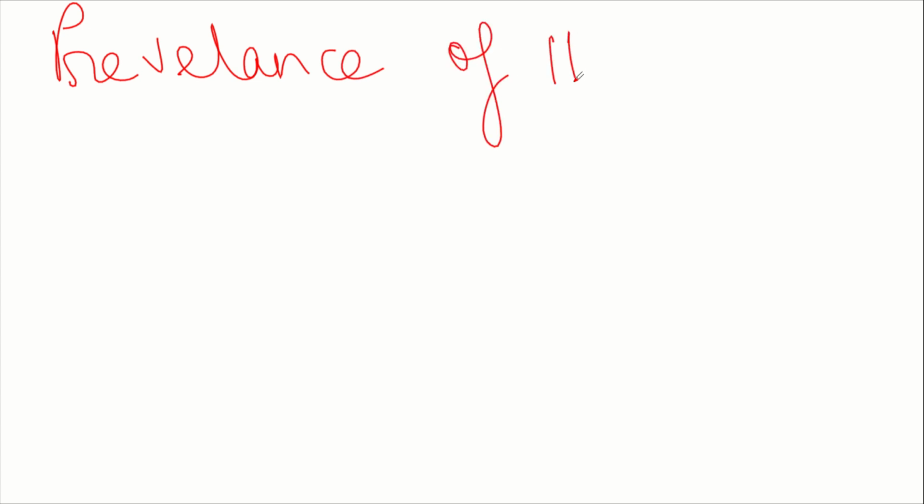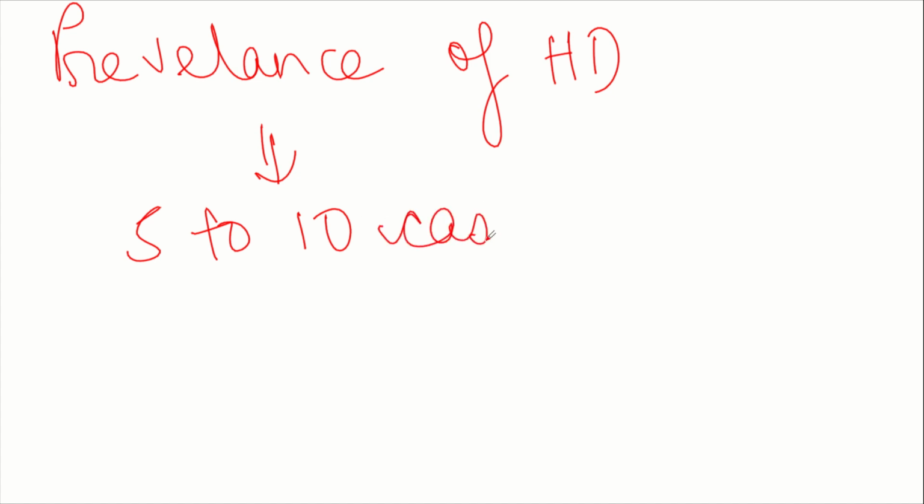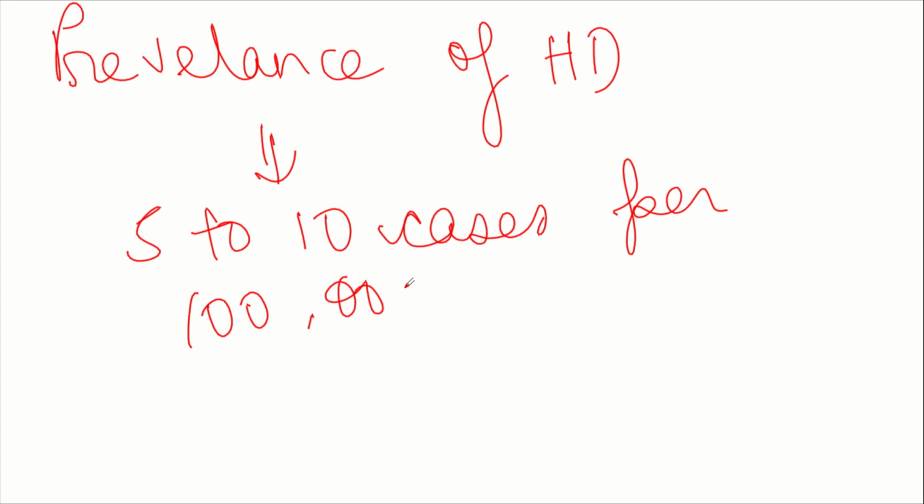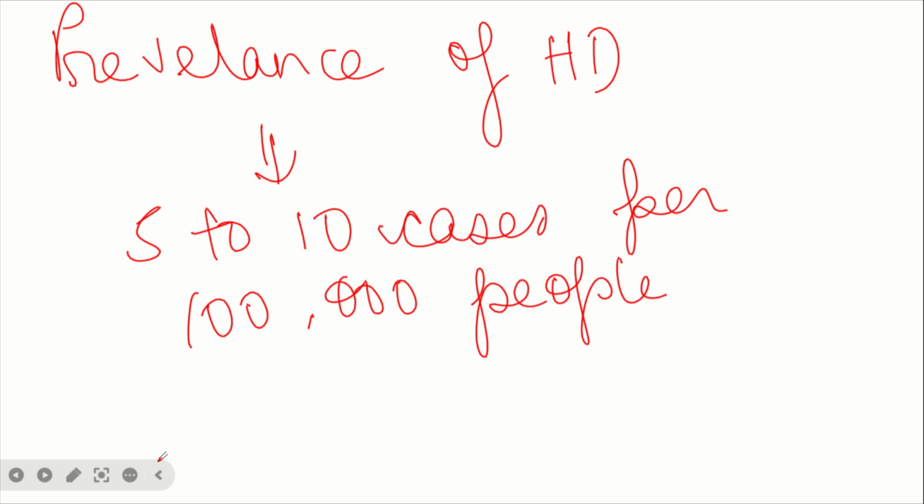Let's learn about the prevalence of Huntington disease, or you can say HD. It is found in 5 to 10 cases per 1 lakh people. And when does it manifest, or when does it appear in our life?